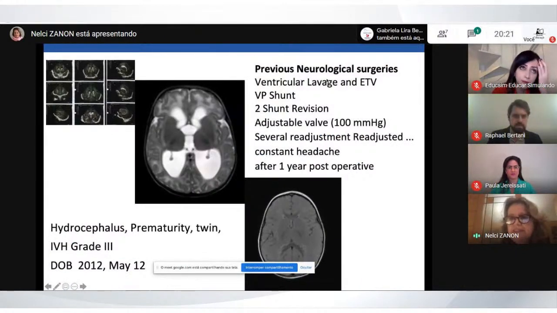Just to have an idea, the neurosurgical procedures done on this child were ventricular lavage and endoscopic third ventriculostomy. It means neuroendoscopy procedures, before the VP shunt, and after the VP shunt, 2 shunt revisions, adjustment of the valve several times, but still with headache.